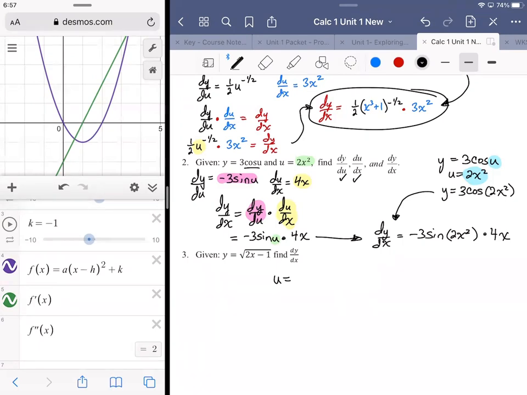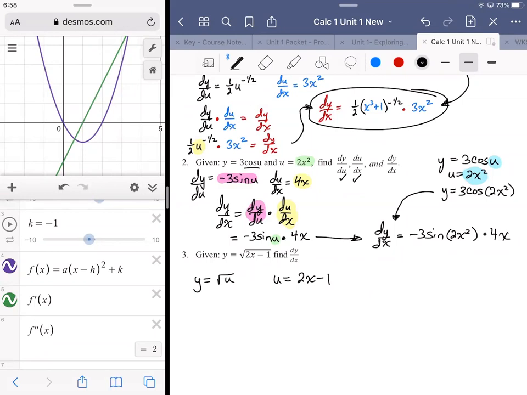The basic rules of derivatives are the power rule, the constant multiple rule, and then throw in the basic trig rules. Those are the ones that we're really looking for. So if I let u be equal to 2x minus 1, and then write y so that it's equal to the square root of u, that'll get the job done.